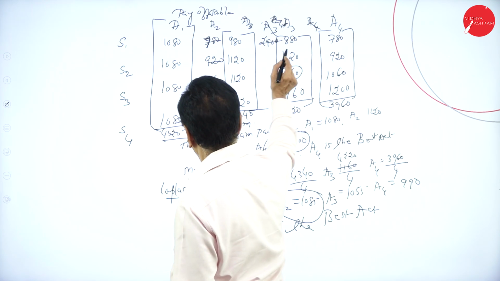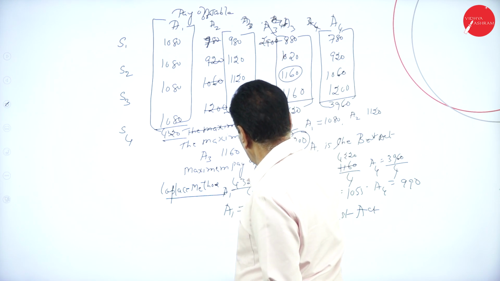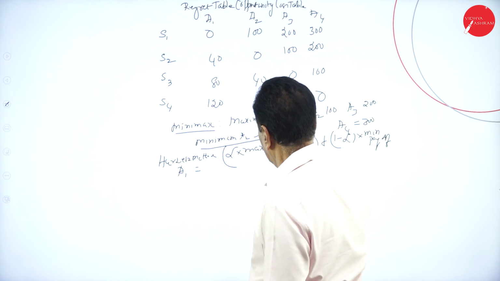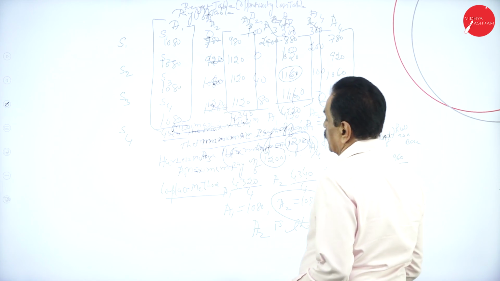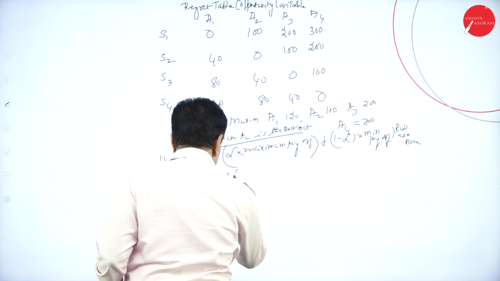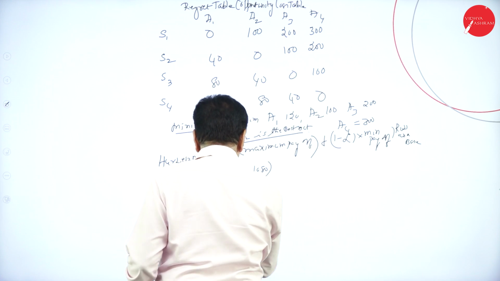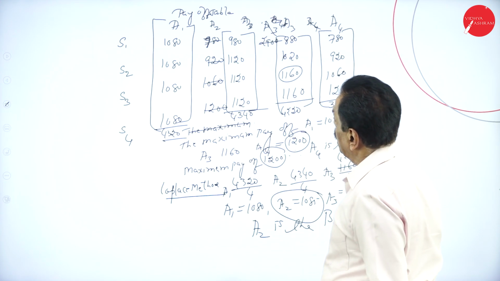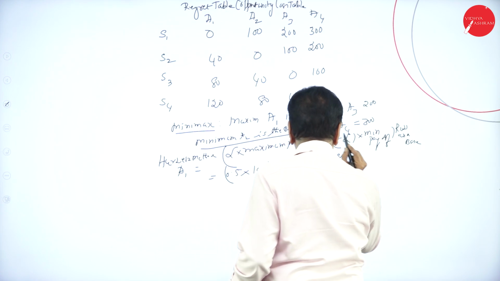I'll take row as a base here, or we can take column also. So alpha is equal to 0.5 into the maximum payoff 1080, plus 1 minus 0.5 into the minimum payoff 780. I took row as a base.